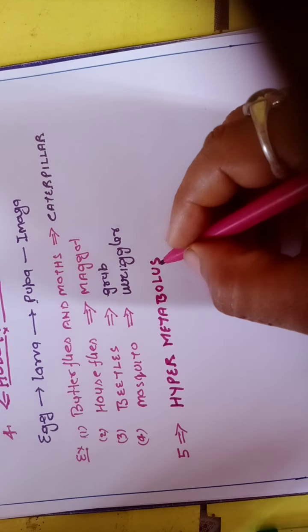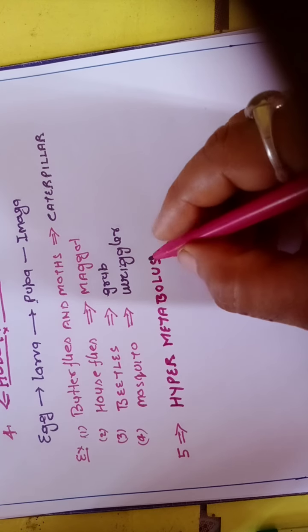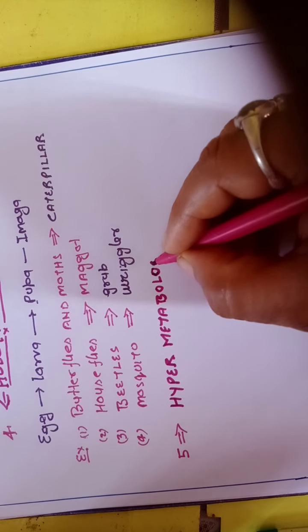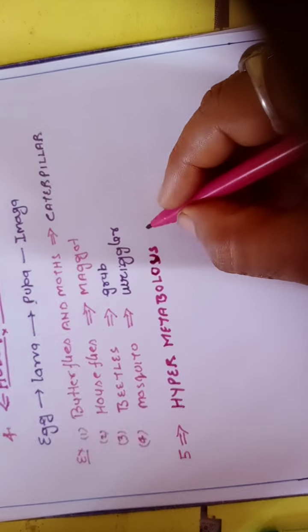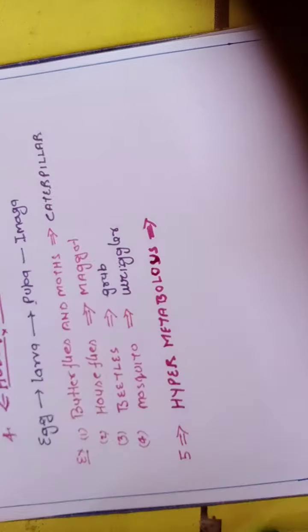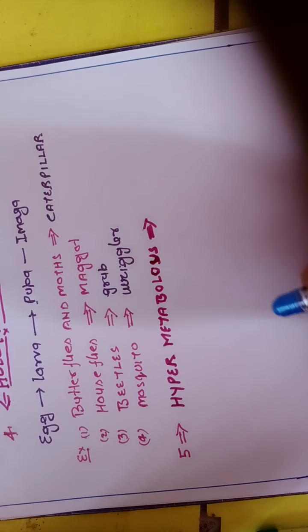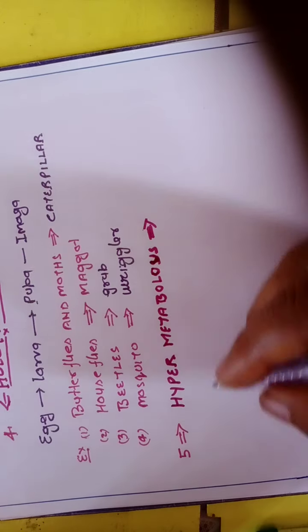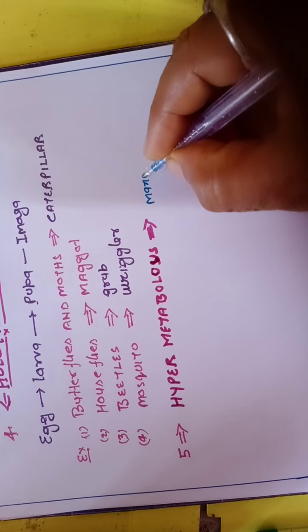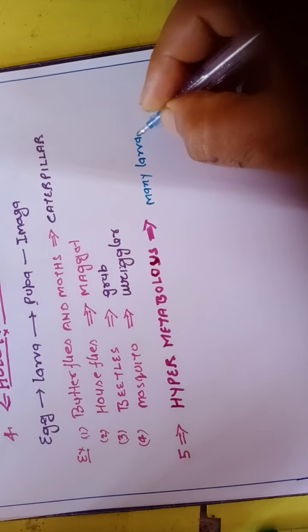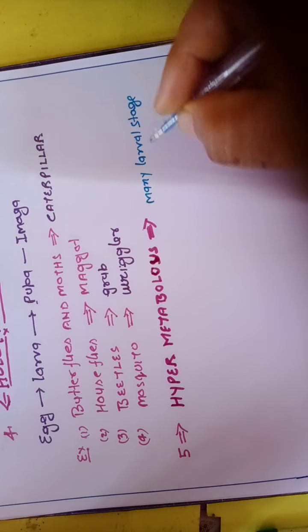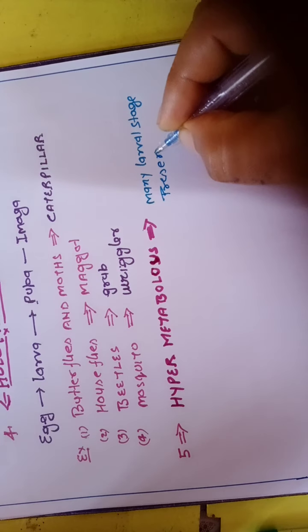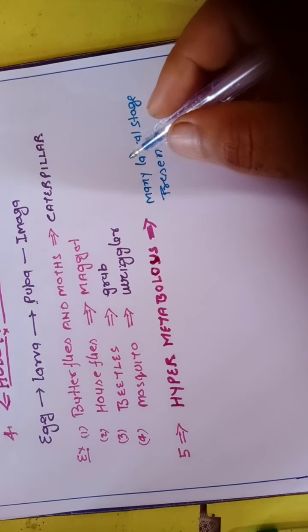In hypermetabolous type of metamorphosis, many larval stages are present, not one. In holometabolous only one type of larva is present, but in hypermetabolous more than one form of larva is present. That's why it is known as hypermetabolous.